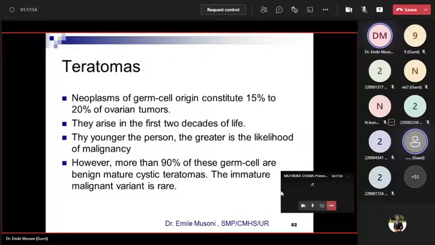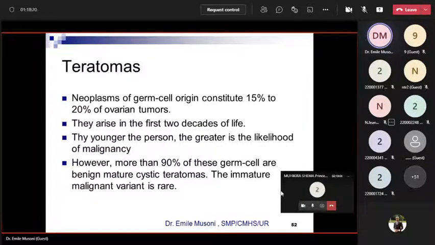Another ovarian tumor is teratoma. We have seen it in general pathology. Teratoma can be mature or immature. Immature teratoma you have to grade, because it can be malignant.